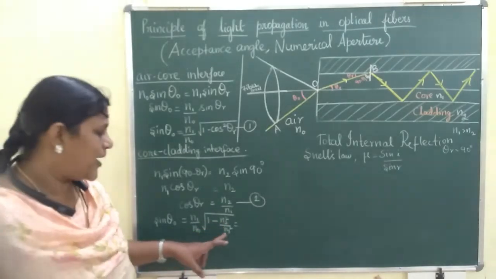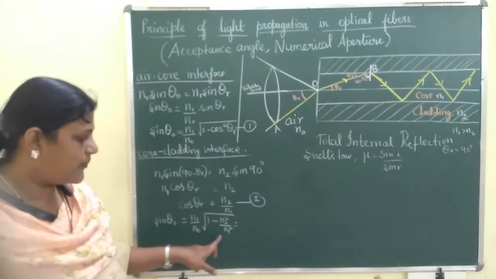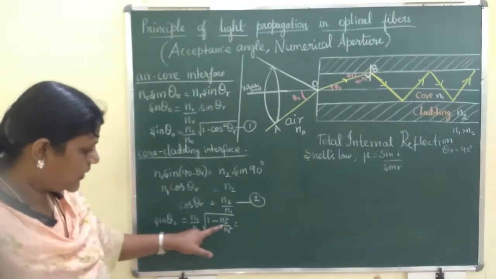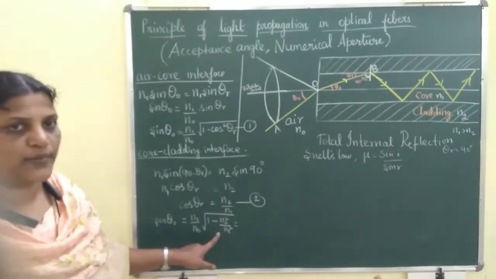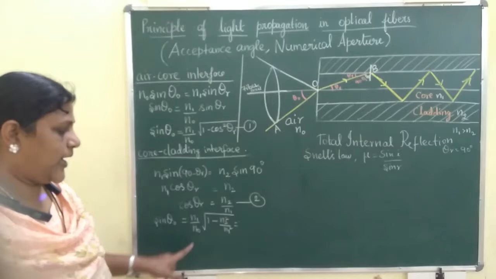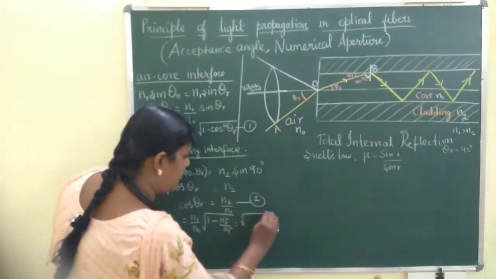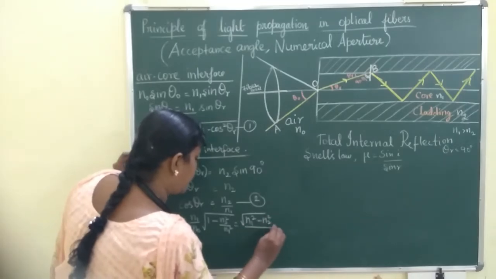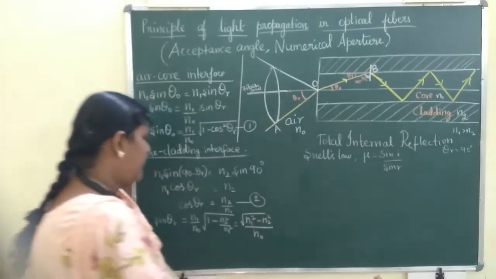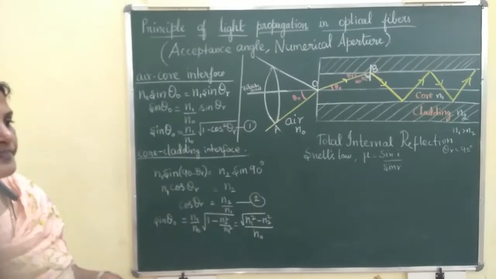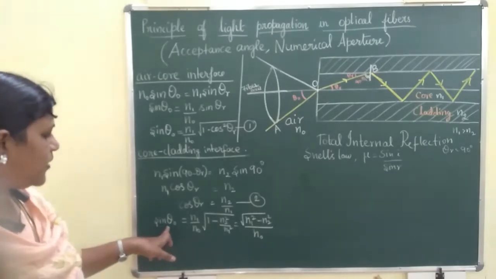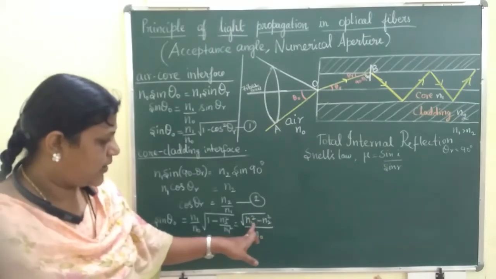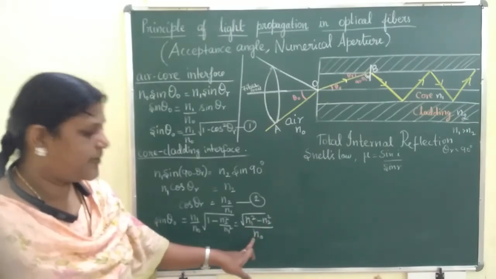The square root of n1 square in the denominator becomes n1, and this n1 cancels with the n1 outside. So we have root of n1 square minus n2 square divided by n0. So sin theta naught equals root of n1 square minus n2 square divided by n0.